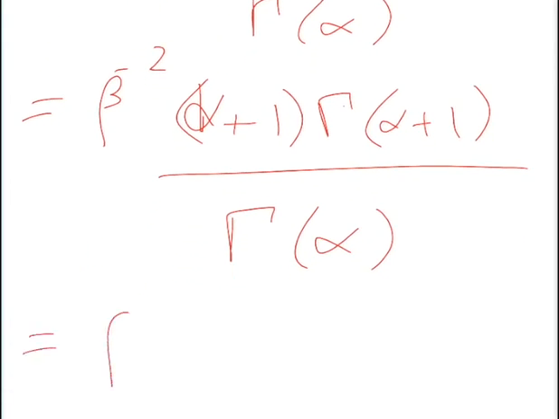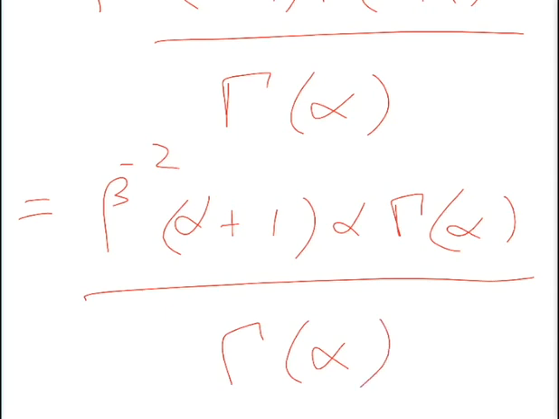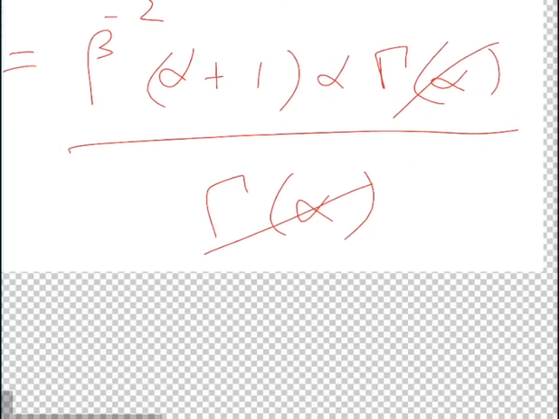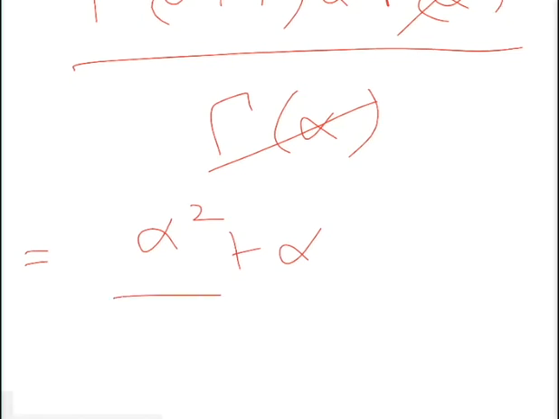So this is equal to beta to the minus 2 times alpha plus 1 times alpha gamma of alpha, divided by gamma of alpha. Then this and this cancel out, and we have alpha squared plus alpha over beta squared.